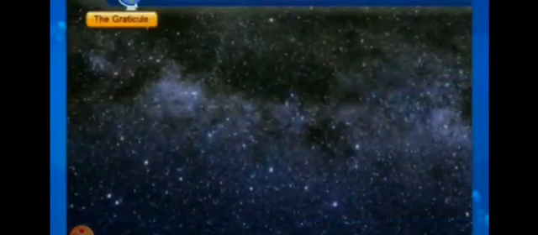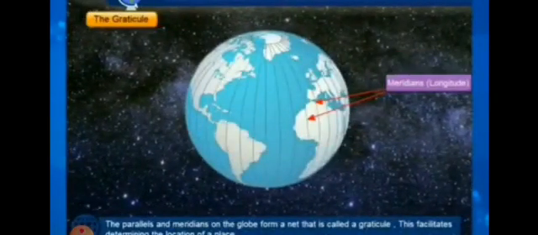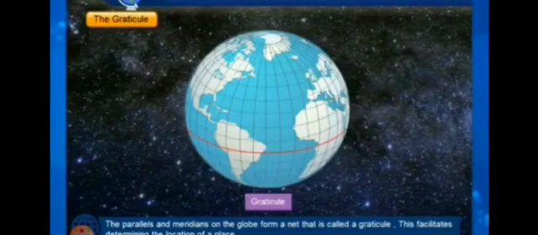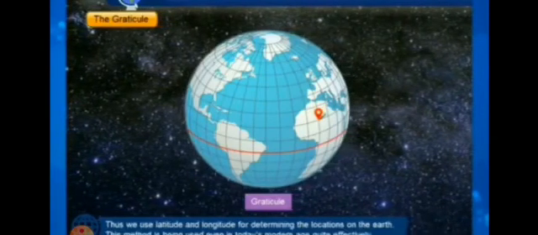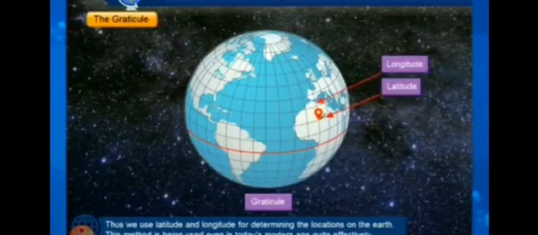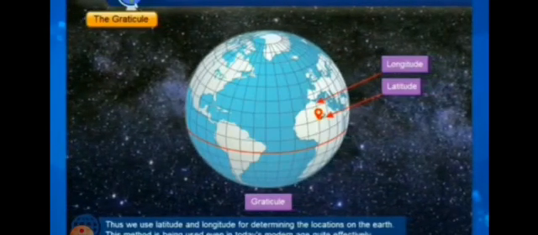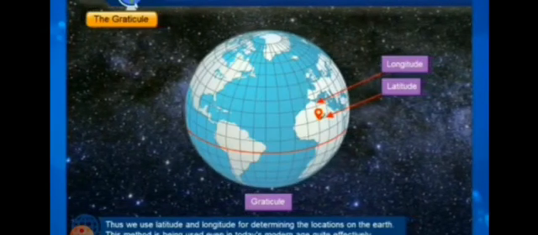The graticule. The parallels and meridians on the globe form a net that is called a graticule. This facilitates determining the location of a place. Thus, we use latitude and longitude for determining the locations on the earth. This method is being used even in today's modern age quite effectively.